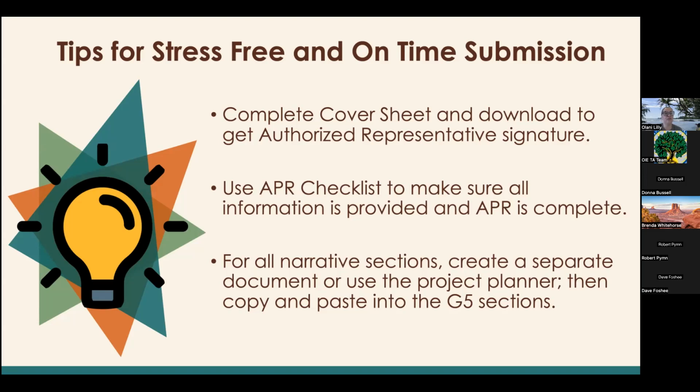You can use your project planner as that space, or a Word or Google Doc, whatever you're comfortable with. You can draft it, revise it, get your spell check and Grammarly going. Once it's complete, copy and paste it into the sections in G5.